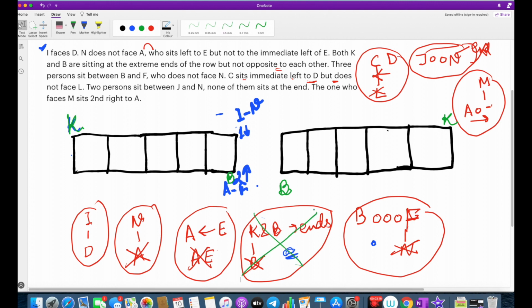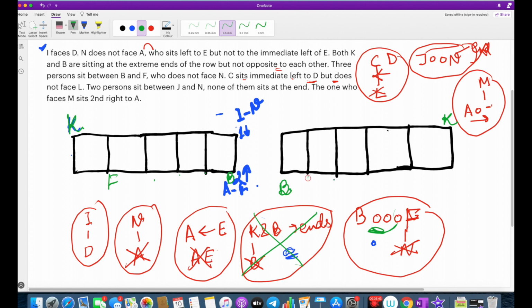After that, which one can we consider? Can we consider this condition: B, after leaving three places, F sits and F does not face N. Here you have B. So after leaving 1, 2, 3 places, you are placing F here.